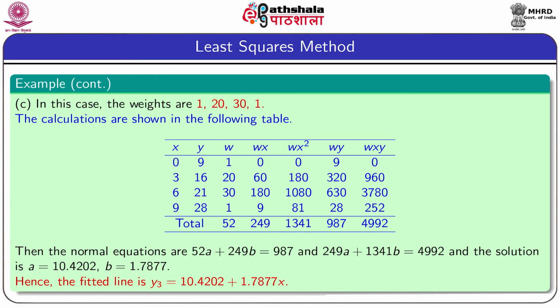Hence, the fitted line is y3, and y3 equal to 10.4202 plus 1.7877x. So we have considered three straight lines. One is denoted by y1, which is obtained without taking the weights, and y2 and y3 are obtained by considering two sets of weights.